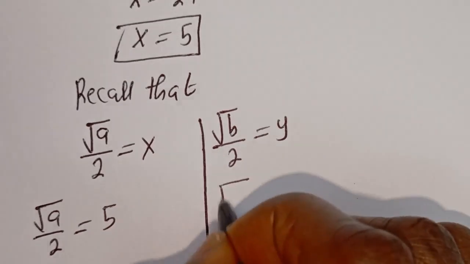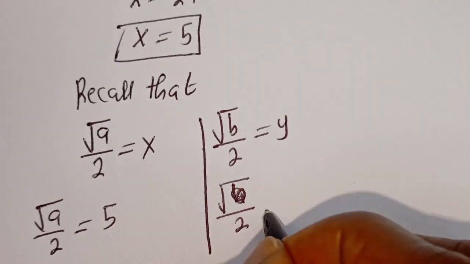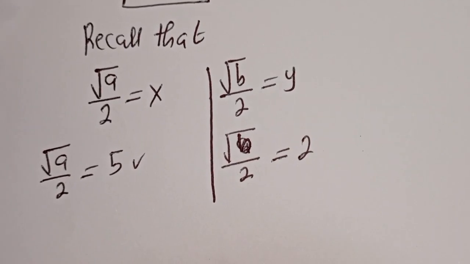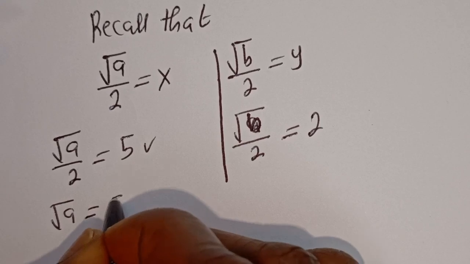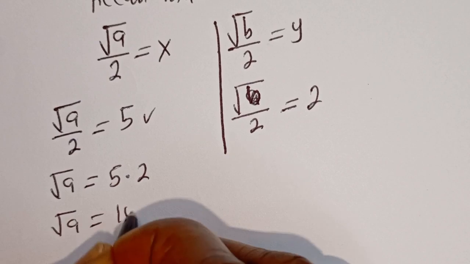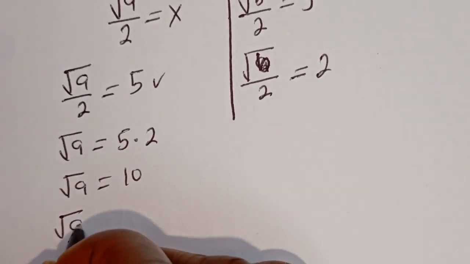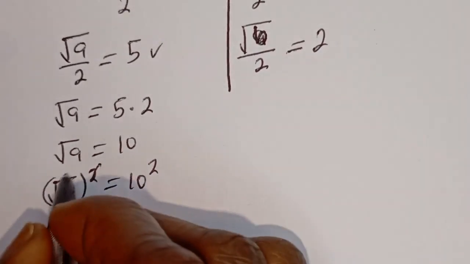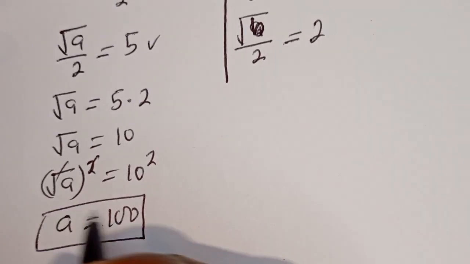Then here square root of b divided by 2 is equal to y is 2. Now let's solve this. By cross multiply, we have square root of a is equal to 5 multiplied by 2. Square root of a is equal to 10. We are looking for the value of a. Let's square both sides. Square root of a square equal to 10 square. This will cancel this. a is equal to 100. This is the value of a.